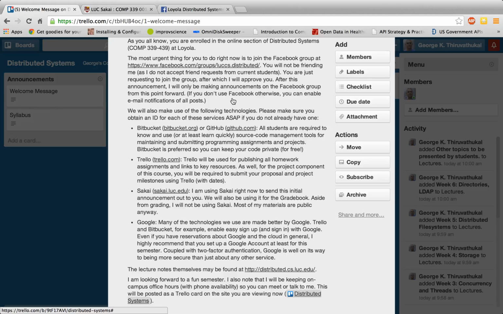So this site that we're looking at right now is where you should be checking pretty regularly, especially for homework assignments and information about the project, which will be coming much sooner than anyone realizes. So Trello is really the center of everything, even though it's listed second on the list.